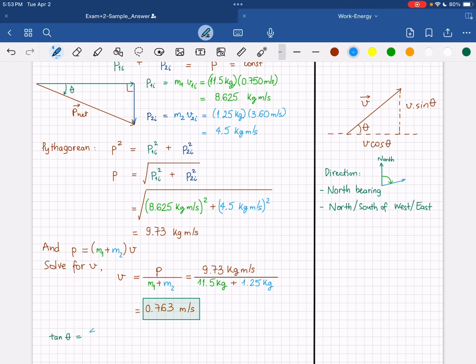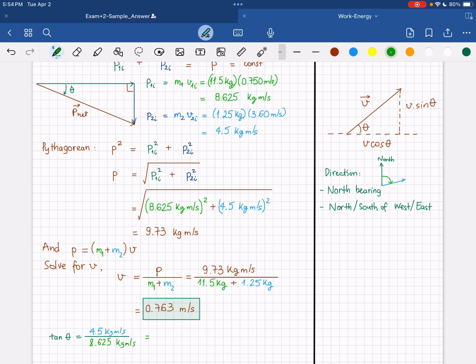Or I will just plug in the values here. That should be 4.5 kilogram meter per second, the unit of momentum, and then we divide it by the value of the adjacent one, which is 8.625 kilogram meter per second. And then we can see that the units cancel out, right?